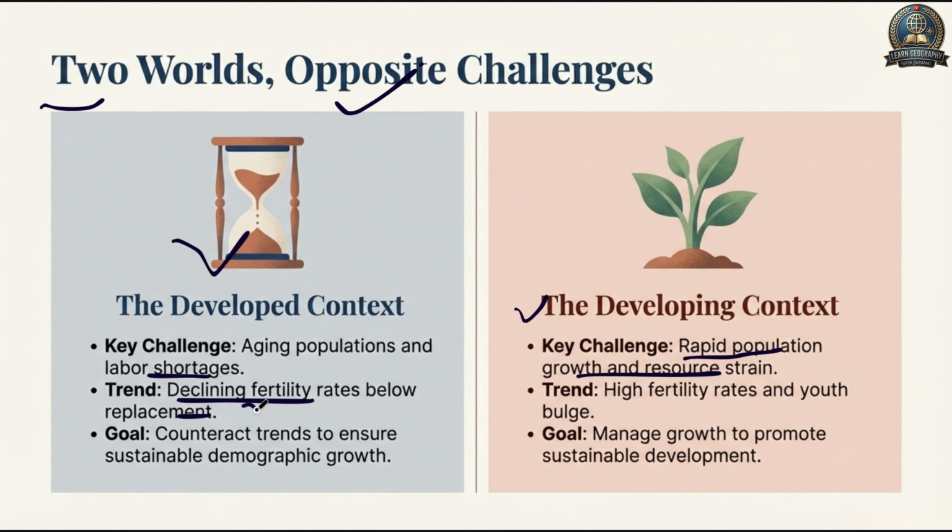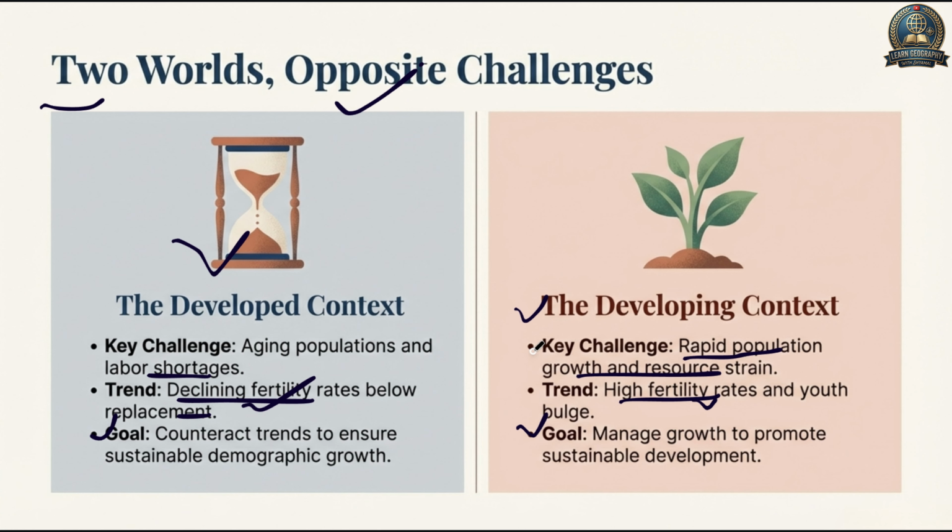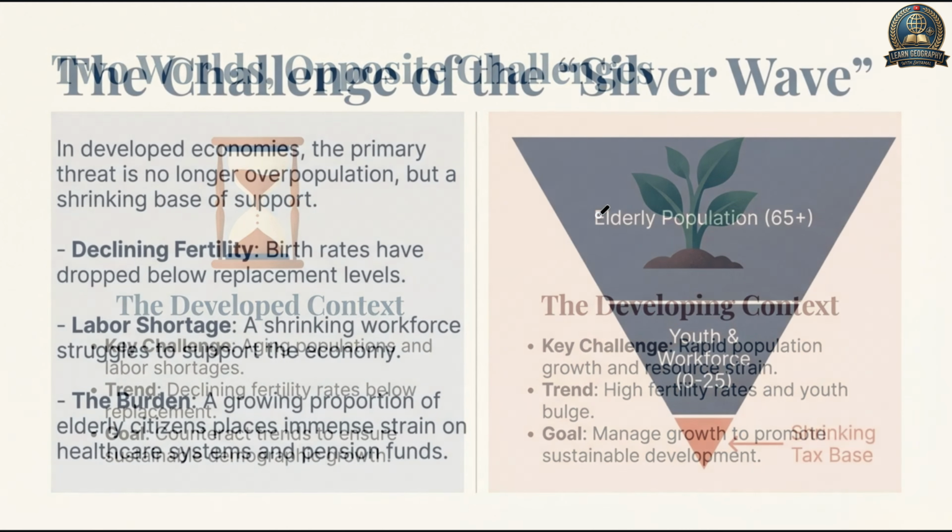In the developing context, the trend is high fertility rate with a youth bulge. The goal in the developed context is to counteract trends to ensure sustainable demographic growth, and in the developing context, the goal is to manage growth to promote sustainable development. This is two worlds, opposite challenges.